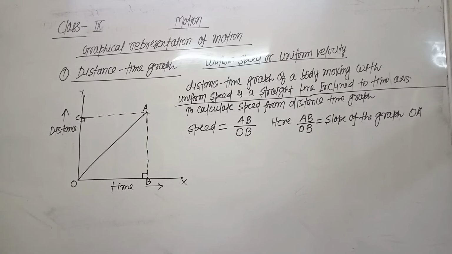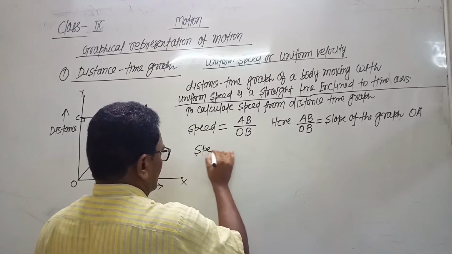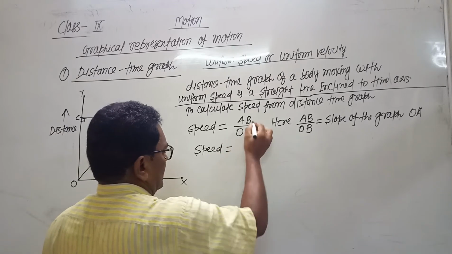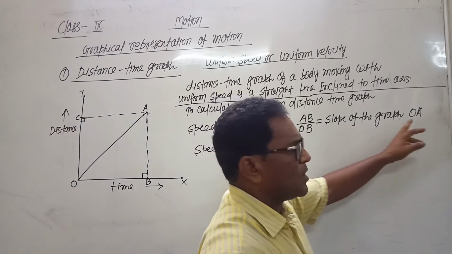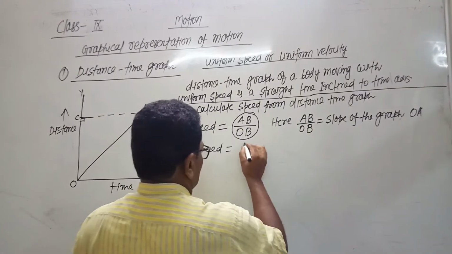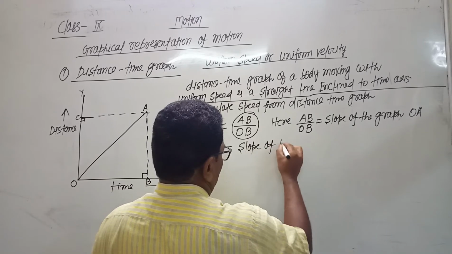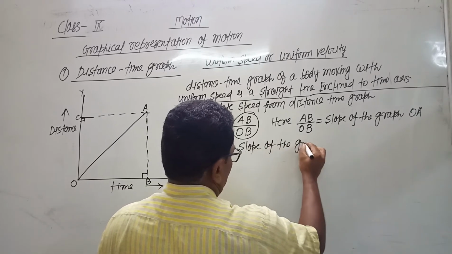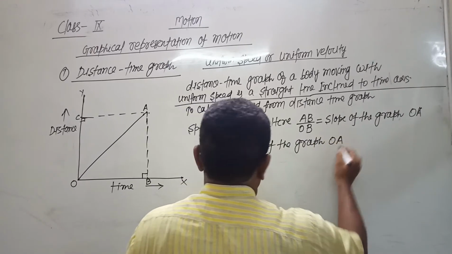It means speed equals, instead of AB by OB, we can write the slope of the graph OA. So speed equals the slope of the graph OA.